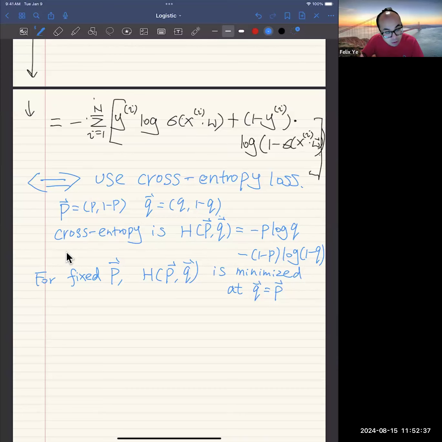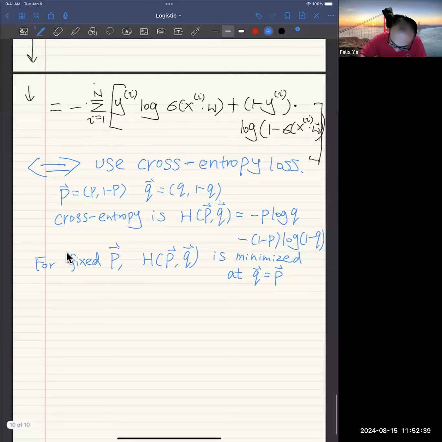We can take the partial derivative with respect to Q. This is equal to minus P over Q minus 1 minus P over 1 minus Q times minus 1.